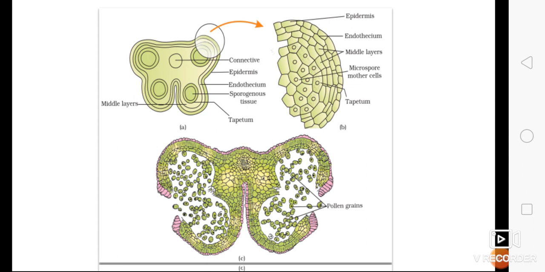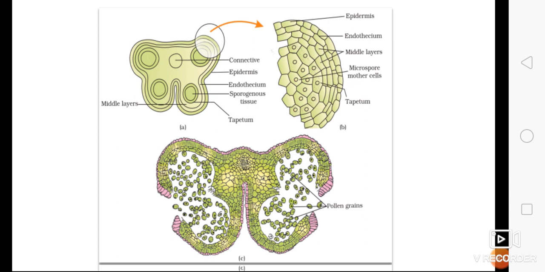So the 2 functions of these 3 layers, epidermis, endothecium and middle layers: one, protection of microsporangium, and the other, dehiscence of anther to release pollen grains, that means microspores.